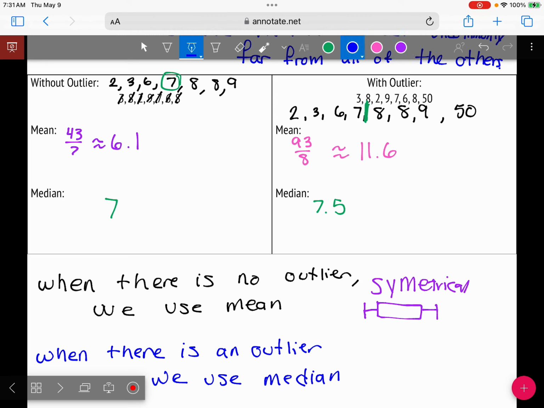And when there's an outlier, it's what we call asymmetrical, which means we're going to have one really small side and one really big one. So when it's asymmetrical data, or not matchy-matchy, we use median. That's when it has an outlier.